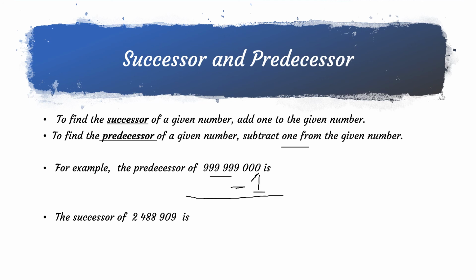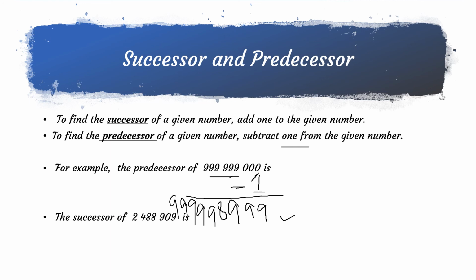So we will subtract 1 from this number. Okay, we cannot subtract 1 from 0, so we will take carry and it will be 10 minus 1, 9, 9, 9, 8, 9, 9 and 9, 9, 9. So it will be like this. You have to write by giving spaces correctly. So this is the predecessor of this number.